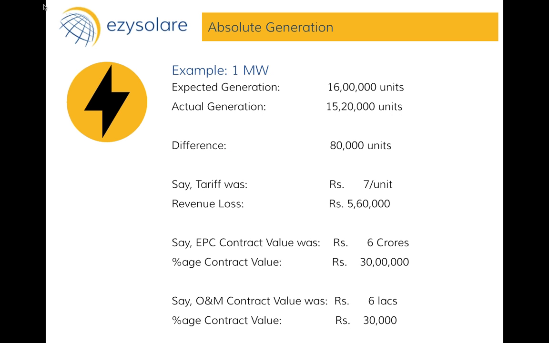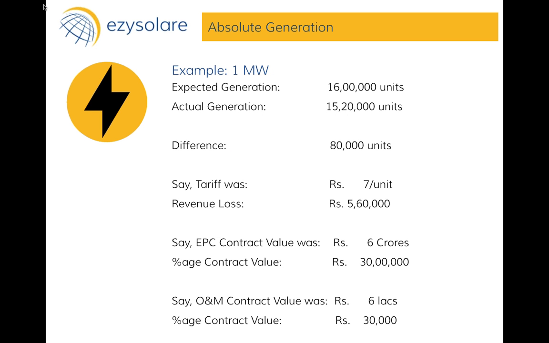But to give you a basic overview, the radiation, since it is dependent on God, so in case the plant is not performing because of radiation being worse than what you had imagined it to be, that can be tracked by absolute generation, right? So only God can take responsibility of that.